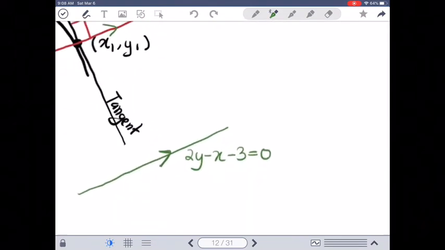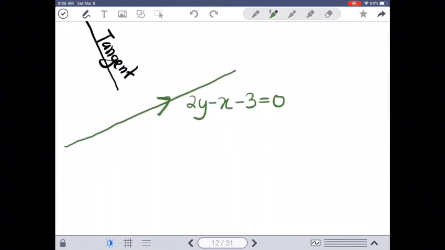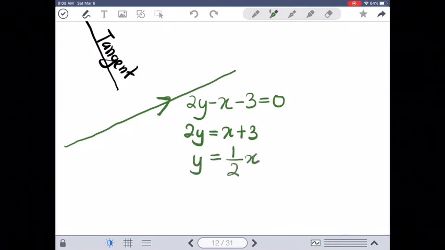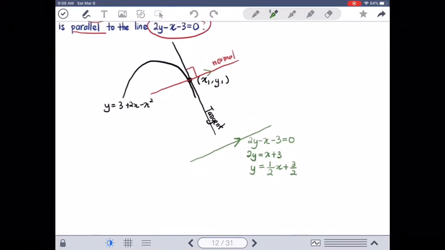If you rearrange that into general form, you should get 2y equals x plus 3. Therefore, y equals 1 over 2x plus 3 over 2.